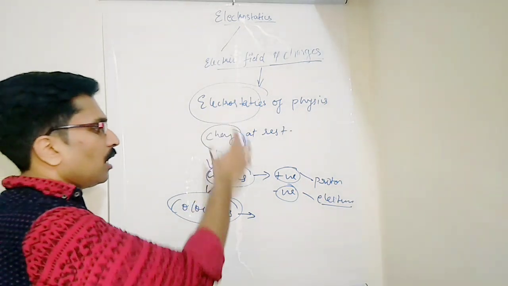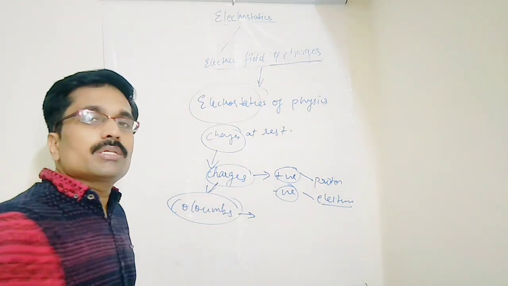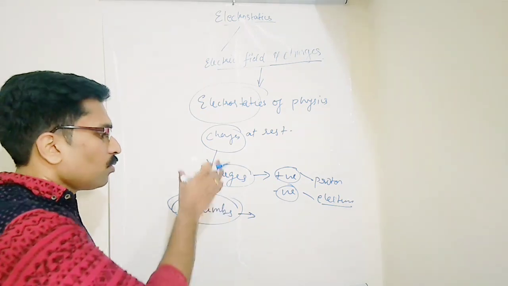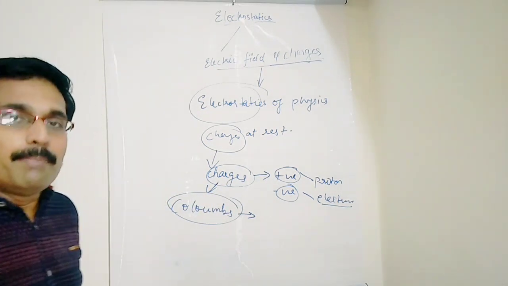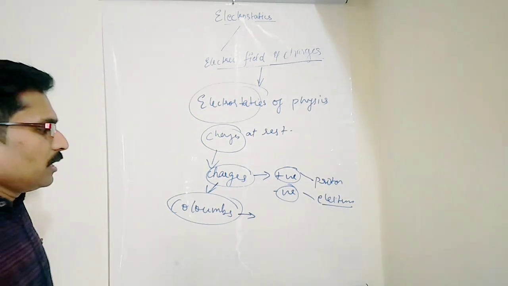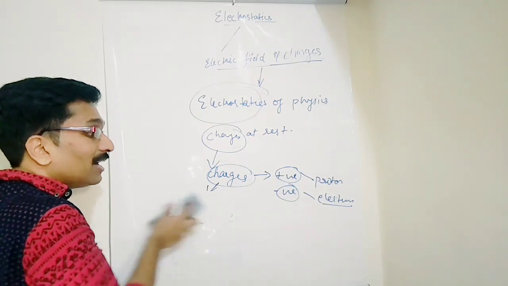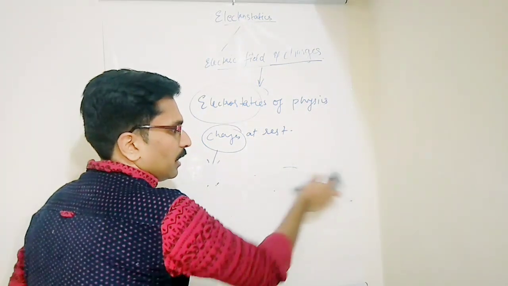Today I am going to explain and derive a small equation related to Coulomb's law. So let us see how we can derive Coulomb's law. Before that, let me tell you how we express charges.